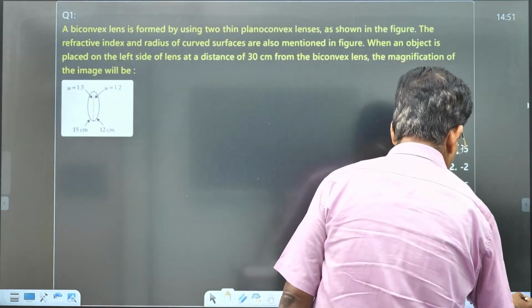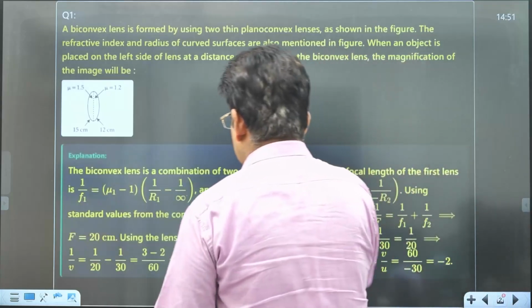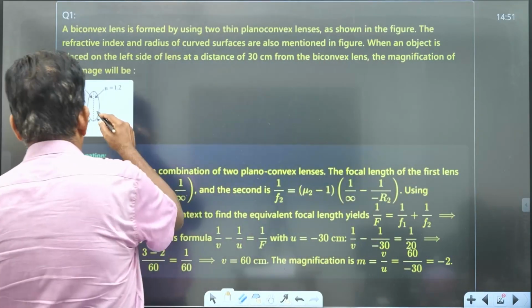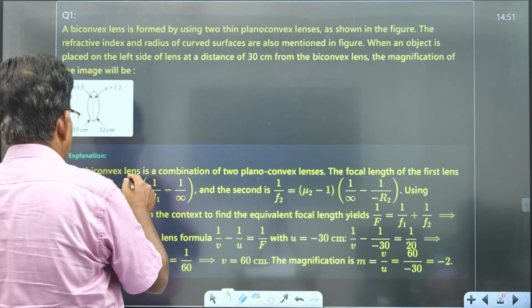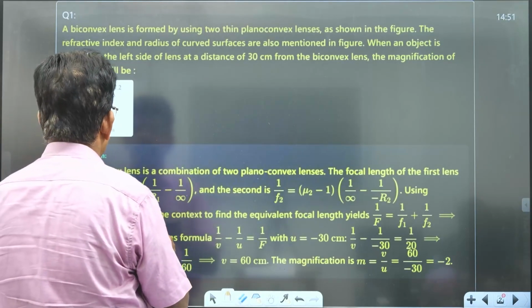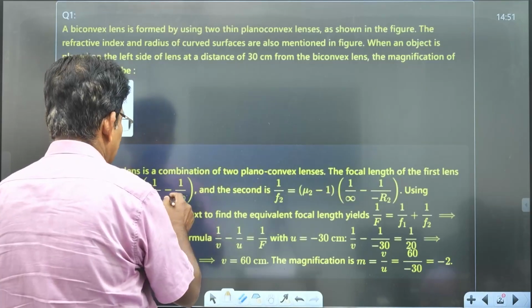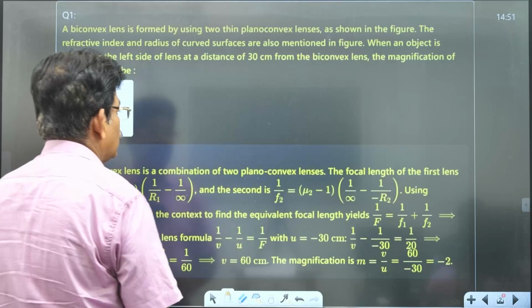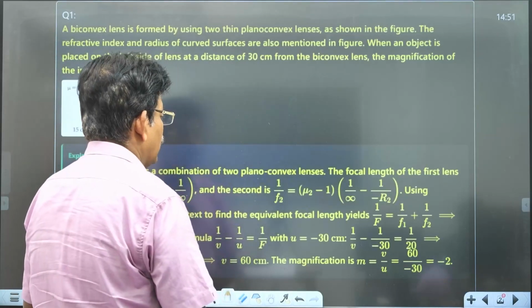So let us treat the first lens, the first plano-convex lens of refractive index 1.5. We can directly use the formula 1 by f is equal to mu minus 1 into 1 by r1.